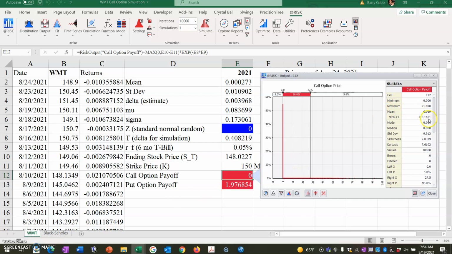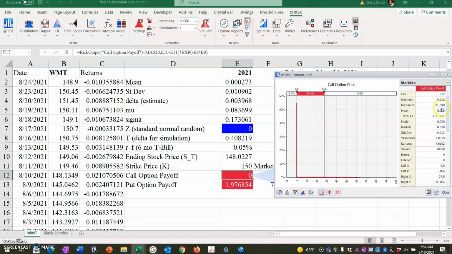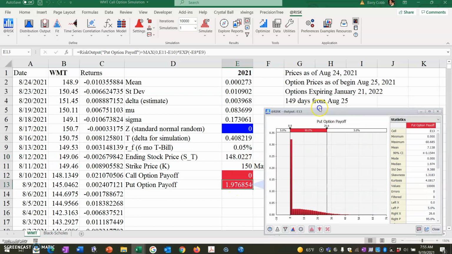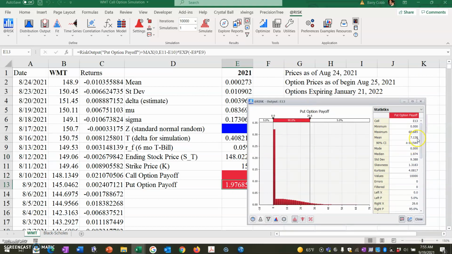So you can see what that does is reduce the confidence interval significantly. Now our estimate of the option price is $6.07, the mean. If we look at the put option, our estimate is $7.14, 7.138.